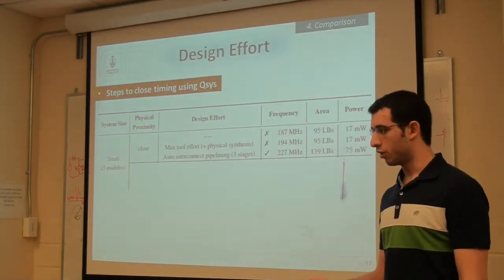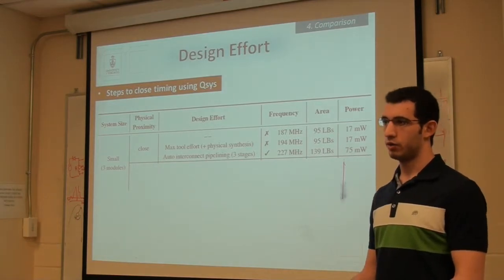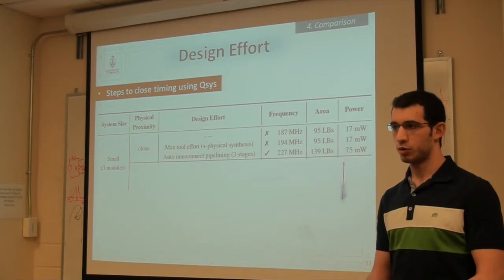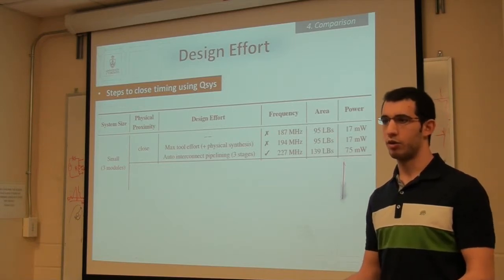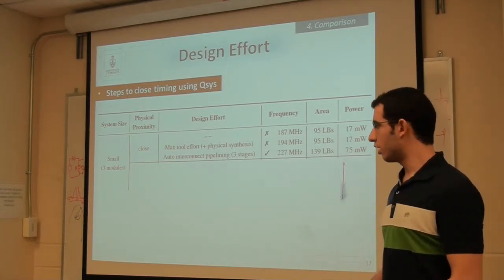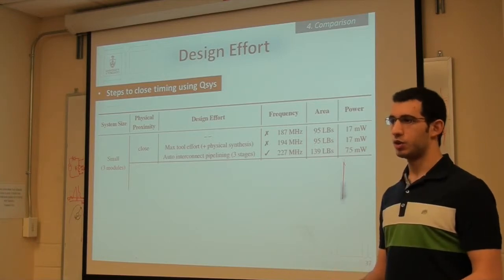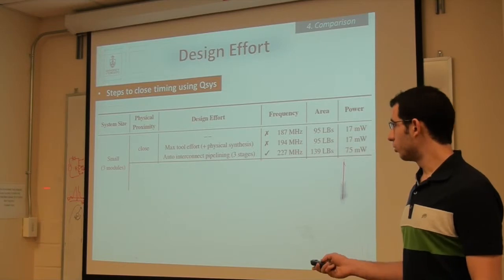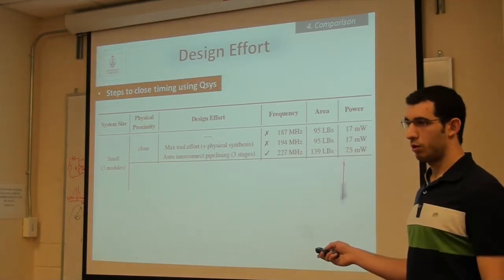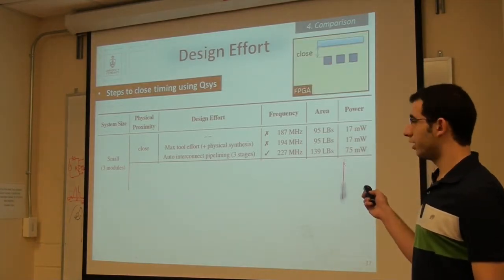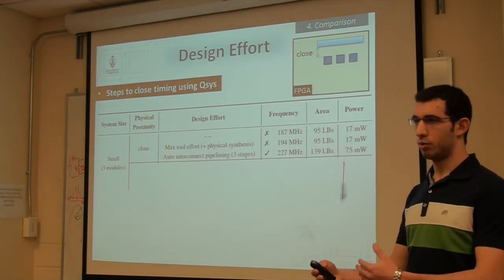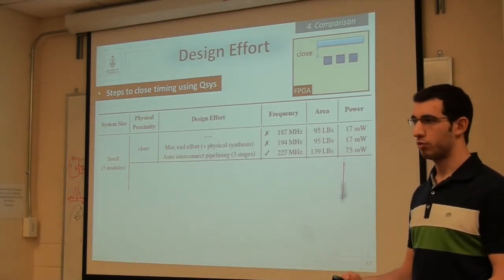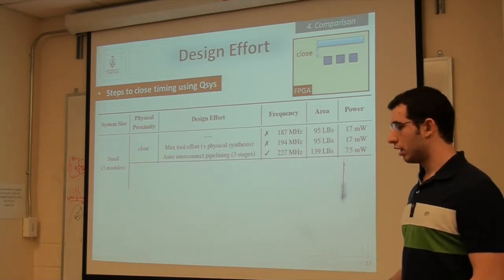First, I want to show the design effort that is needed to create that system in QSys. QSys is supposed to make it a lot easier than regular RTL design, as you can imagine. But we still needed a few steps to complete the design using QSys. Take a small system with 3 modules, located physically close to DDR, so that's an easy problem, easier than when the modules are physically far from DDR.